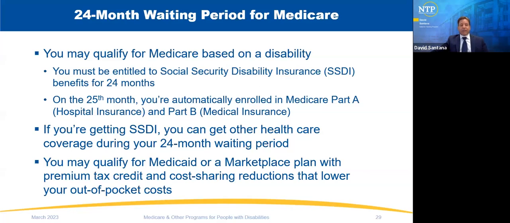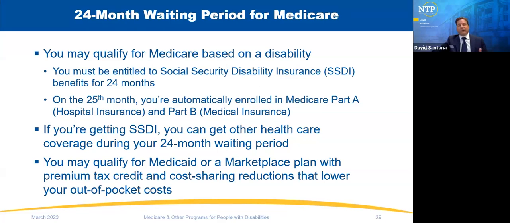In the event that the individual does not qualify for Medicaid, they will file one application, and if they don't qualify for Medicaid, they may look to see if they qualify through the health insurance marketplace, and possibly qualify for premium tax credits and cost-sharing reductions for out-of-pocket costs.